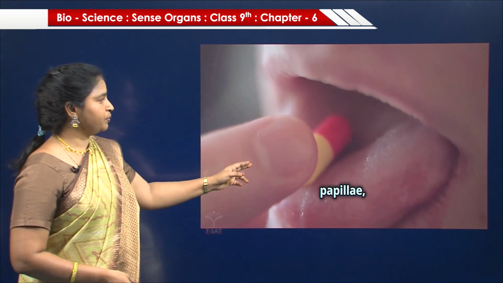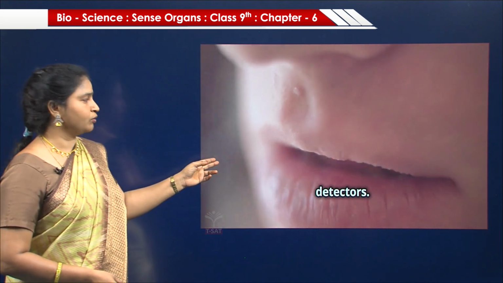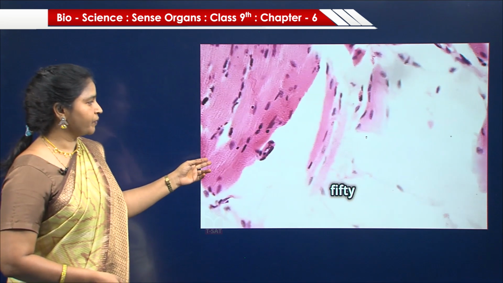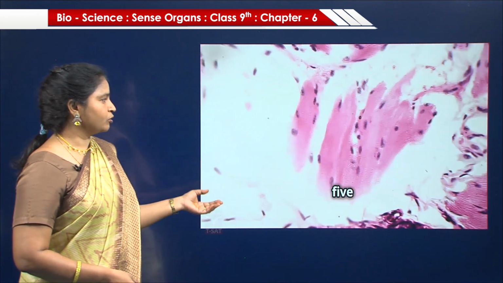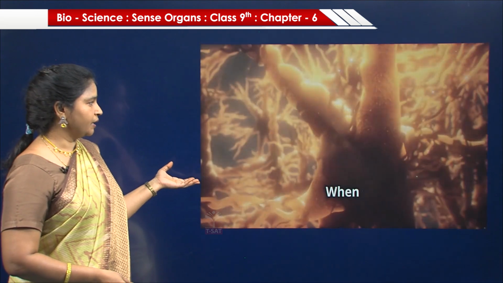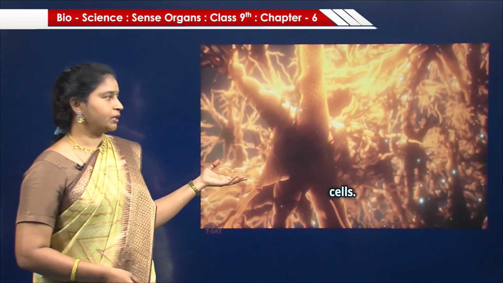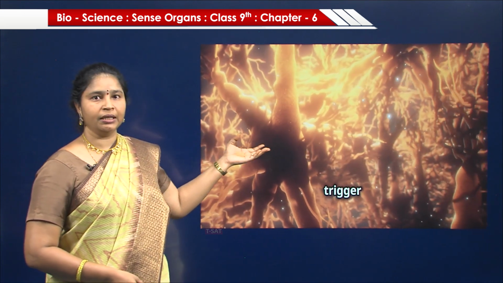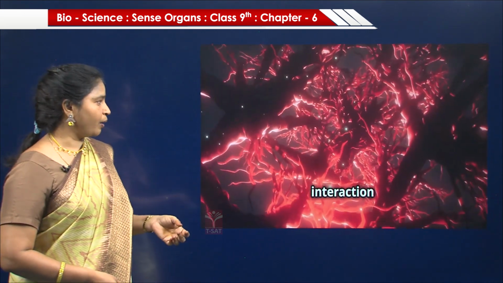So, tiny bumps on the tongue are called papillae. In each papilla, we see thousands of taste buds. Each taste bud contains 50 to 100 receptor cells, which are specialized in detecting different kinds of taste, which we already discussed. Sweet or salty chemicals trigger the receptor cells in the taste buds present on the papillae.